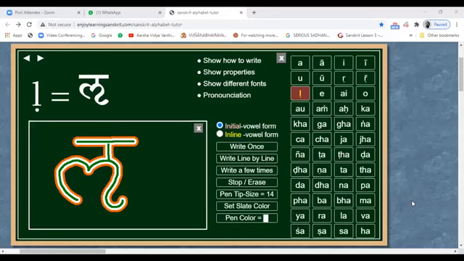Therefore, short and long is applicable only for the vowels, not for the consonants. We're going to see this later in the topic of consonants. Consonants are dependent. Vowels are independent. Vowels can be pronounced independently and don't require any support, whereas consonants require the support of vowels. Therefore, only vowels can be classified as short and long, not the consonants, right?